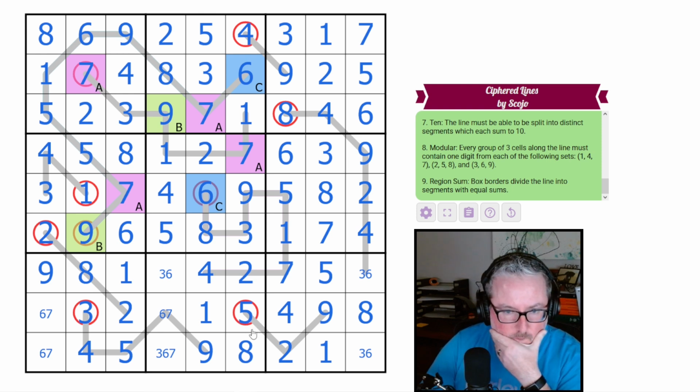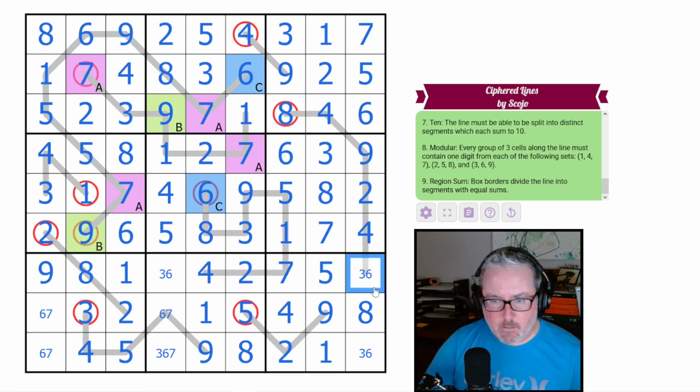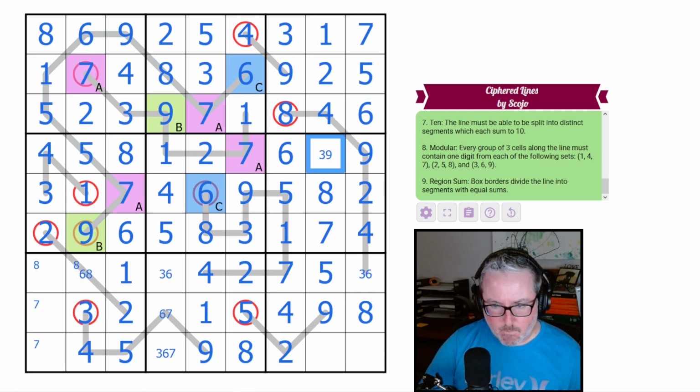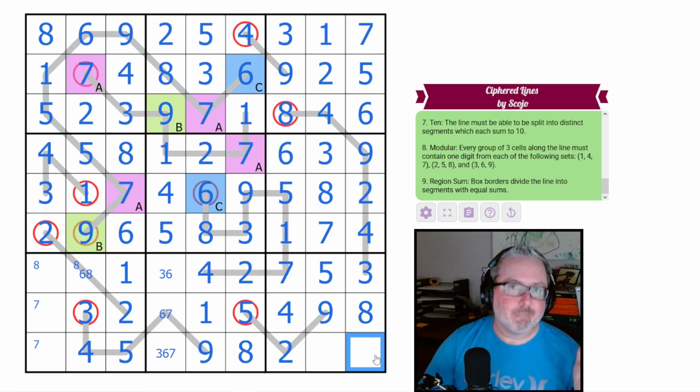What am I missing? There must be something in here that's obvious. This guy? Yes, the 6 here. What? Wait, oh. Okay, duh. 6 and 9 means this is 3. Glad I caught that. That would have been a problem. Okay, so now we can do the real Sudoku here.